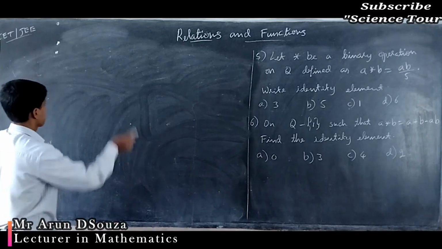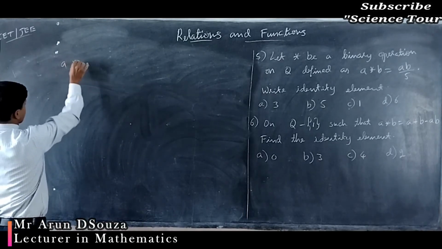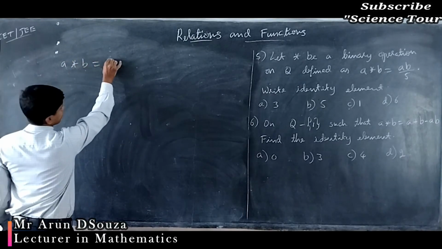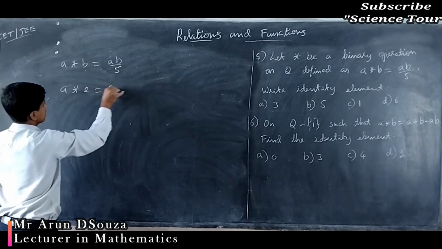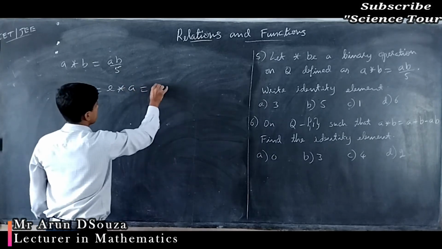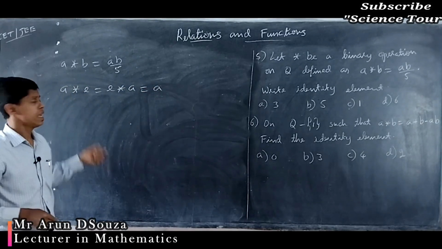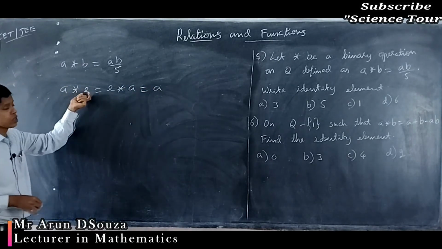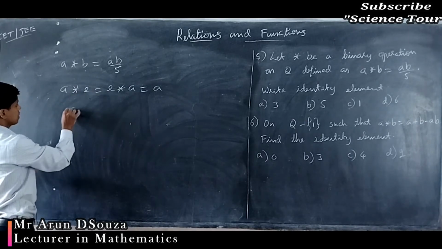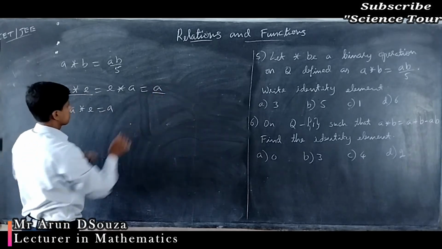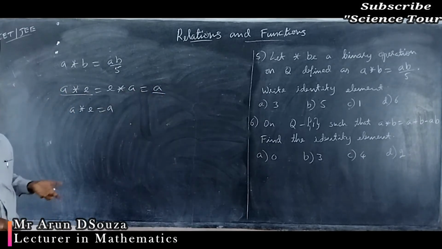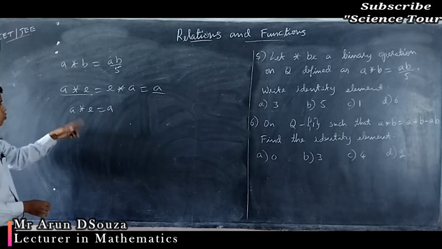Now, what is the formula to find the identity element? A star E should be equal to E star A, and that must be equal to the same element A that we take here. Then this is called the identity element. So what's enough for us is this. Just two of these things are enough.